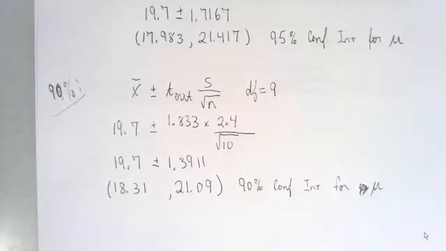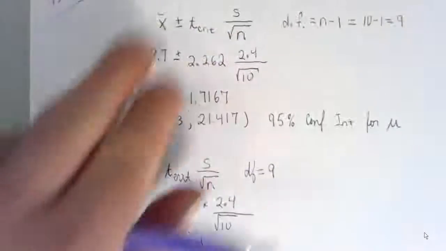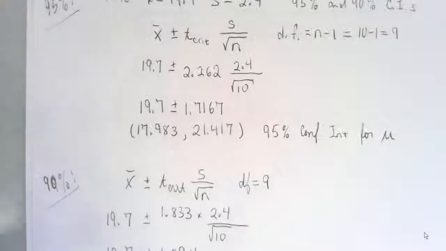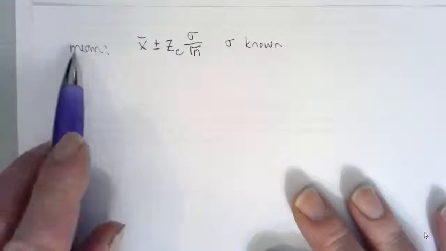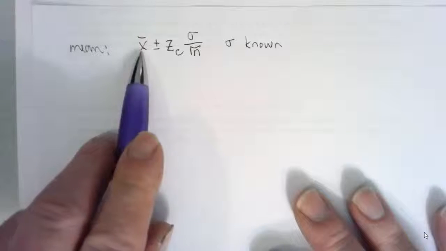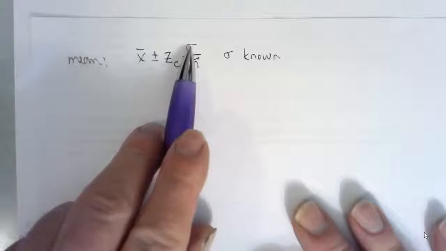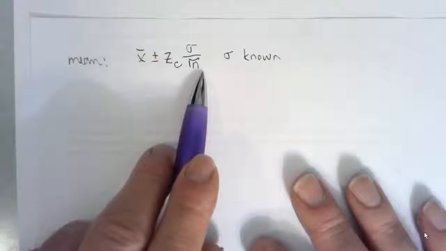Well, that takes care of the three types. If you are working with one mean where the population's standard deviation is known, then you'll always be using this formula for estimating the mean. It's x bar plus or minus z times sigma over the square root of n.